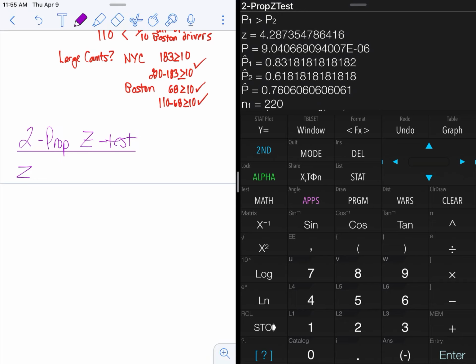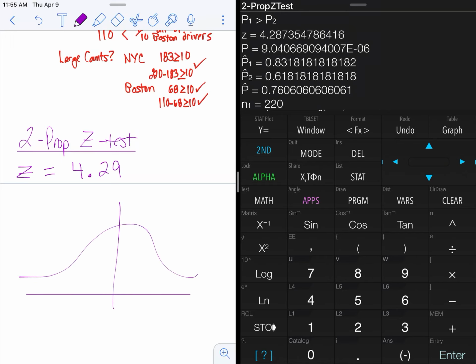So I want to take note of a couple of things here. I'm going to take note of my test statistic, Z. That means that difference is 4.29 standard deviations away from the mean, which my mean is 0 here. That's 4.28 standard deviations from 0.